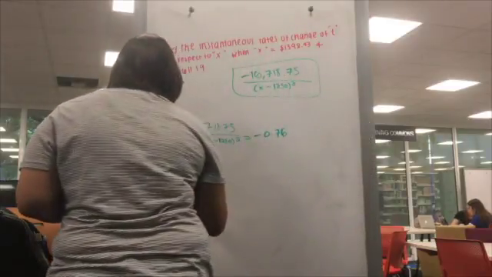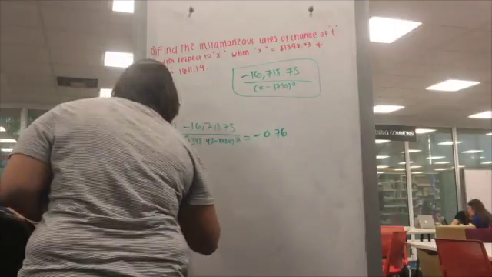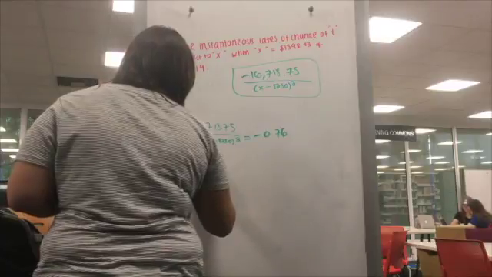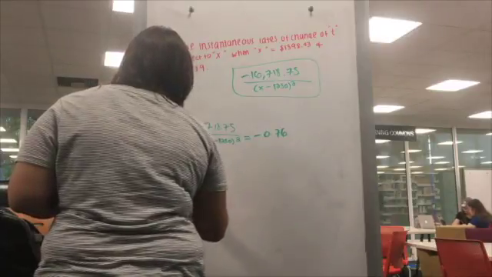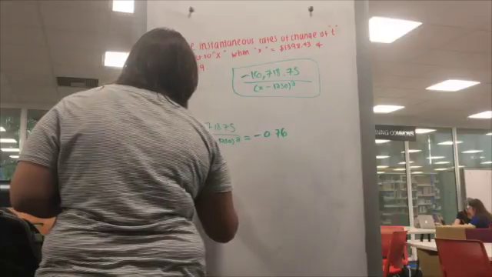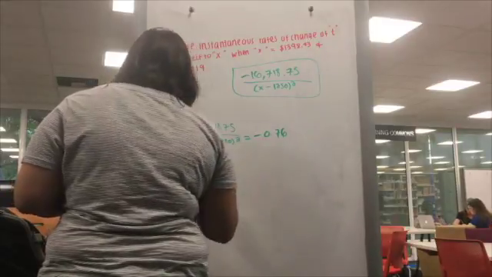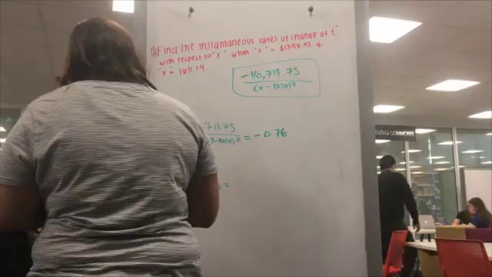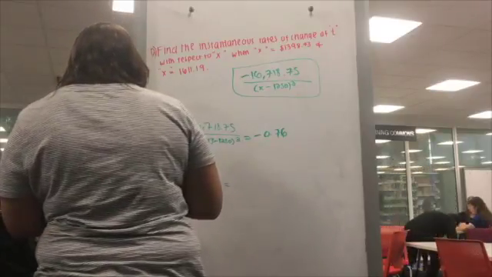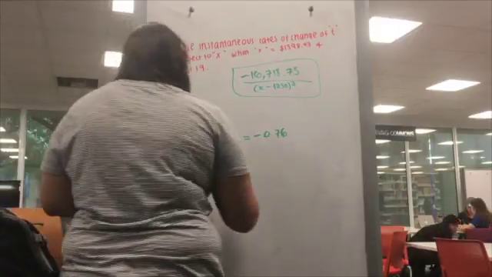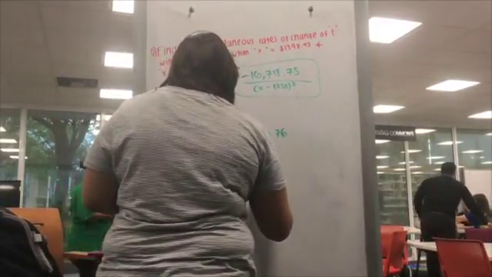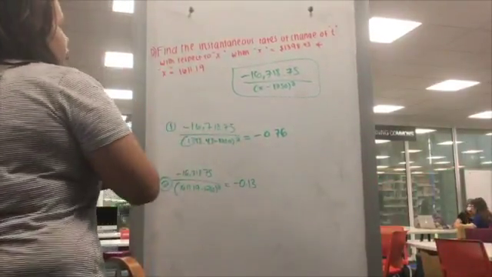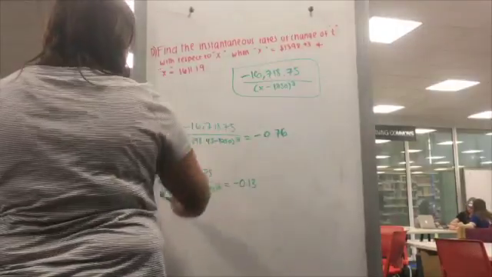For the second one, you do the same thing but with this number, and you're gonna get this. These two are gonna be your instantaneous rates of change of T with respect to the x's, this one for this one and this one for this one.